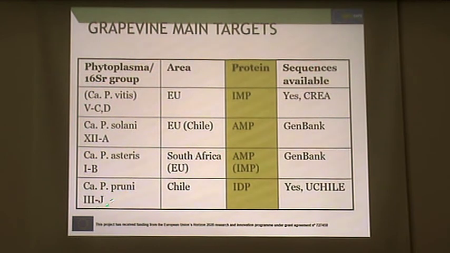And then the 3J phytoplasma of grapevine in Chile, which has the other type, the IDP. So with the four phytoplasmas, we have the three types of protein. And actually, the paper was just published by Nicola Fiore, and we have the sequence exactly of the IDP in here. So this is what we have.